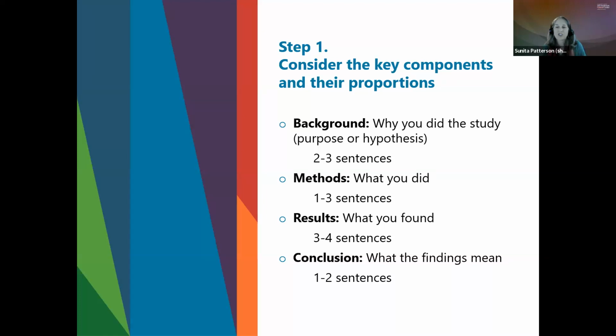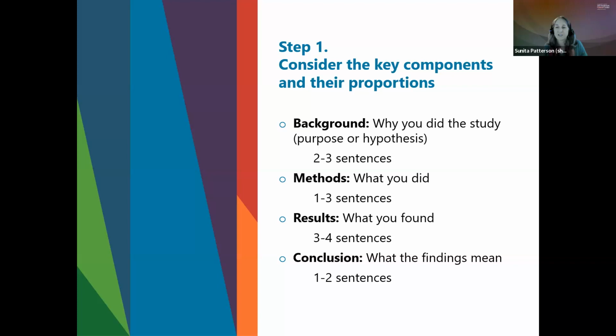But the general point that I want to make here is notice that the results is the longest part. And that makes sense because the results are basically the new information that you're presenting to the scientific community. So the results are going to take the most space, and the other sections are going to be quite a bit shorter.